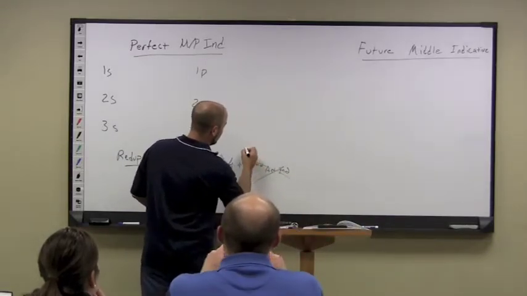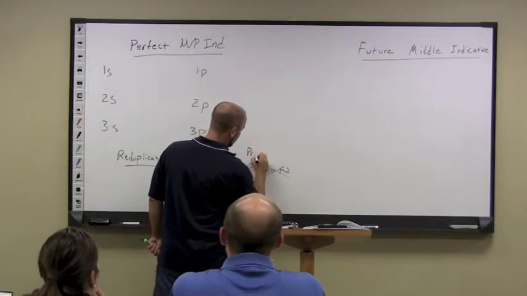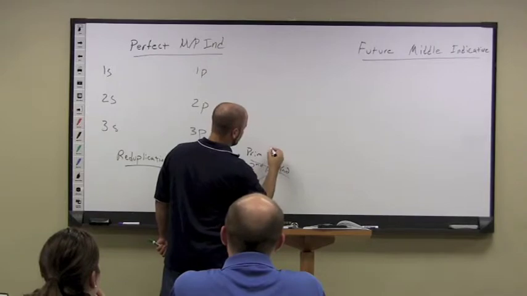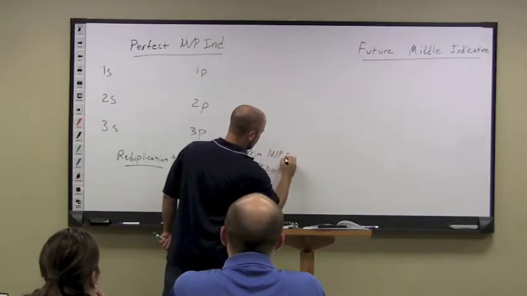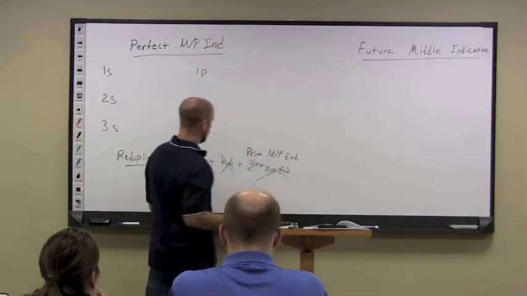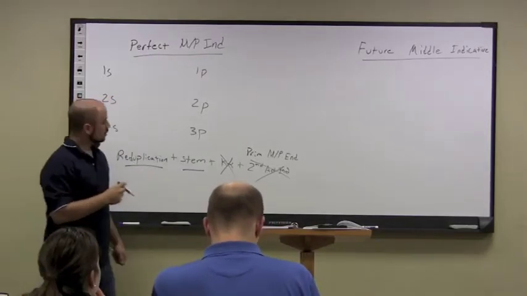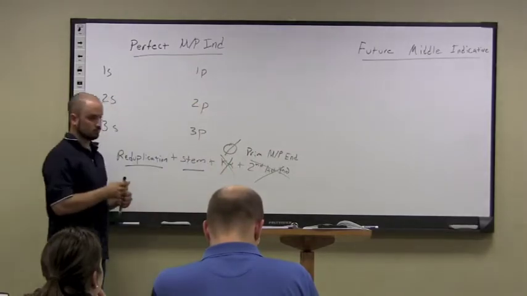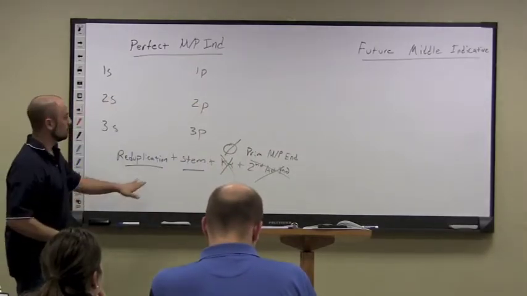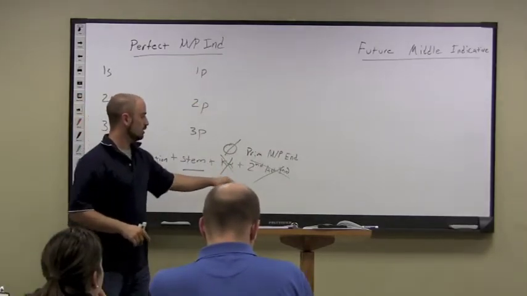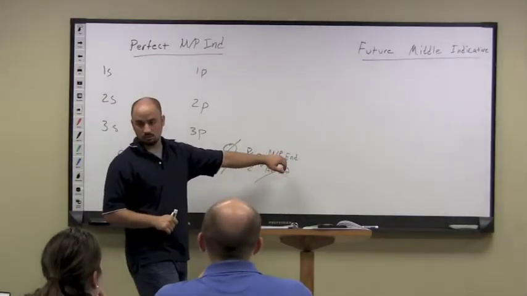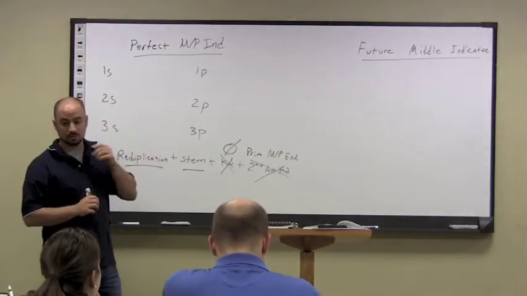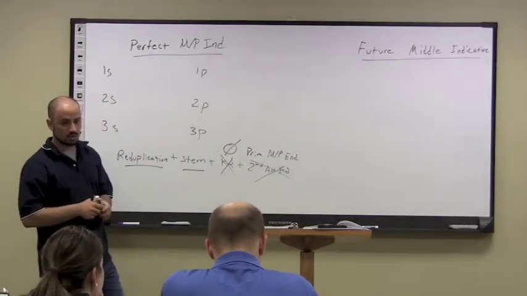You're going to have the primary middle passive endings, sorry. What have we typically had between the stem and your ending? Some sort of connecting vowel. It's not the case with a perfect middle passive. No connecting vowel.